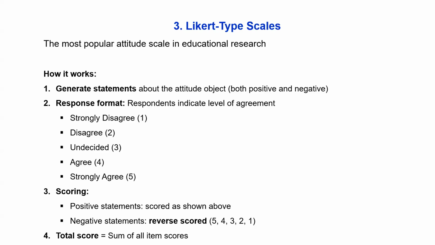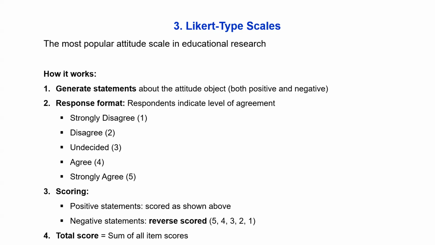How we score here, listen very carefully. Positive statements are there, and similarly negative statements are there. Positive statements are scored as shown above, and negative statements are reverse scored.